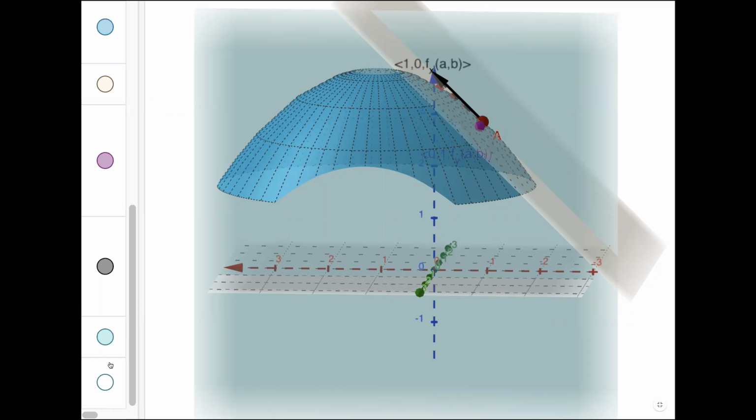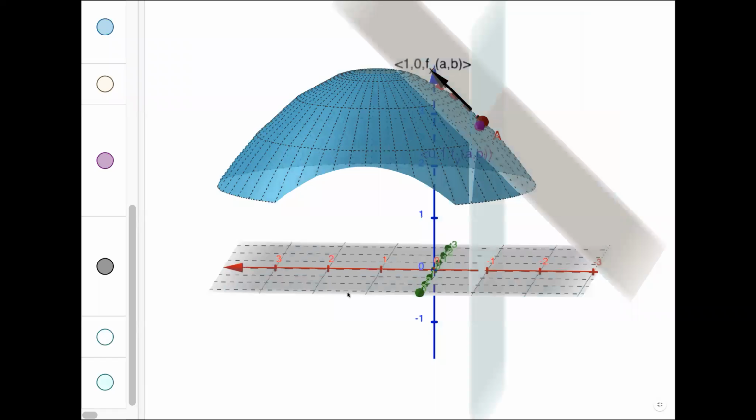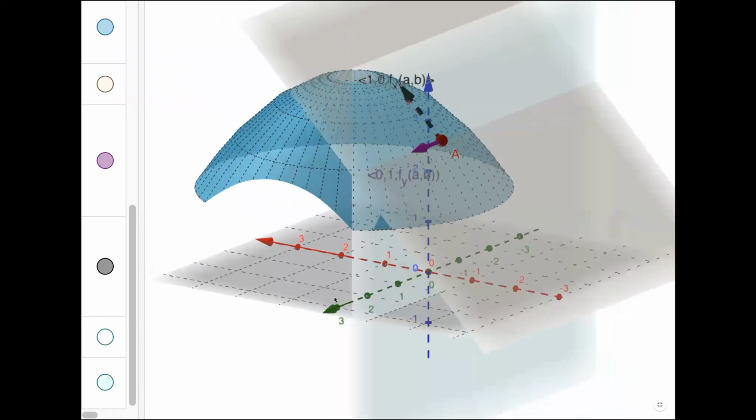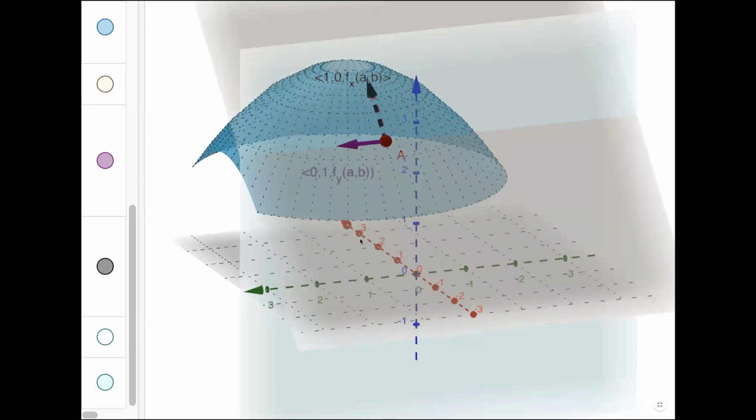And then a similar thing happens when we find a plane that is parallel to the yz plane. Again, the vector that you find over there is going to be, if y increases by one step, z has to increase by f sub y at a and b, basically, on that vector. So the two vectors are given.